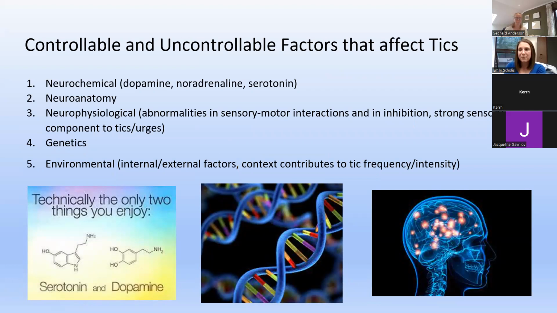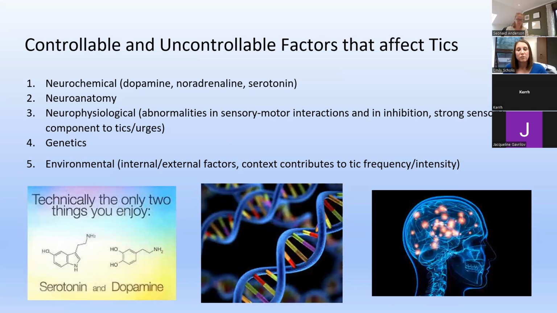Okay, so some of the things, of course, as OTs that we can actually work on are the controllable factors. In this list here, there are controllable and uncontrollable factors. Like I talked about before, how the dopamine regulation is happening with the striatum is a factor that affects your tics, your neuroanatomy. The different sizes and different brain structures, or abnormalities in the brain, are going to affect tics.